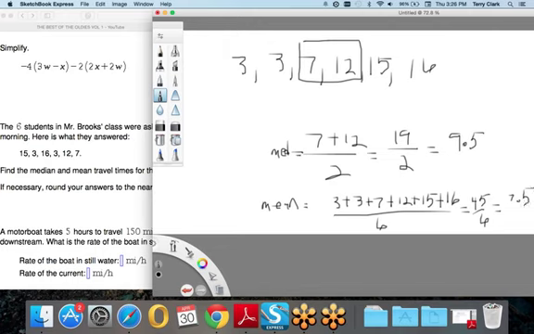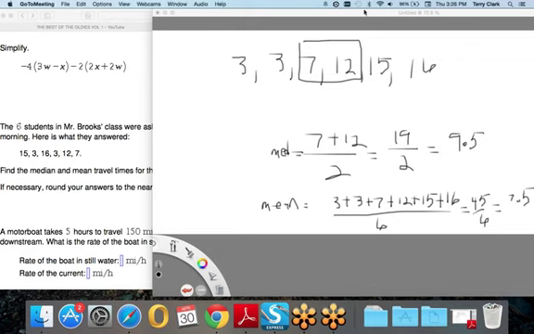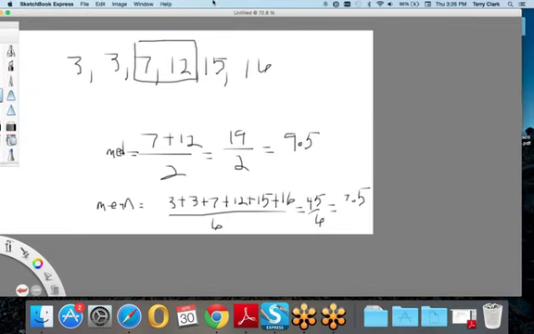Okay, so we're going to double check this one too. All right, so I pull that over some and we're going to say, okay, 3 plus 3 plus 7 plus 12 plus 15 plus 16.